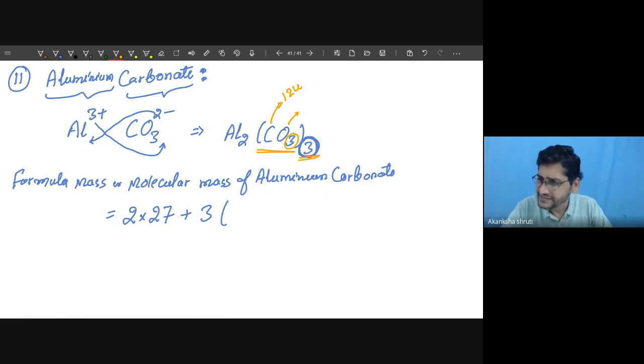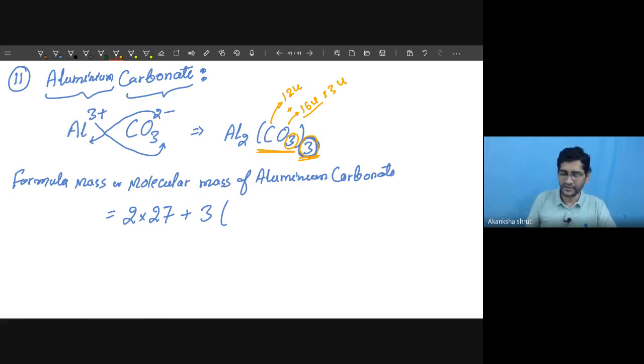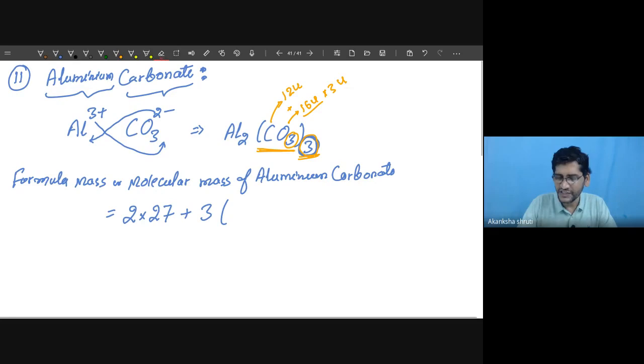The mass of oxygen is 16 U, and this needs to be present 3 times. So this 12 U and 16 U into 3 have to be added to get the mass of this entire bracket. Then that has to be multiplied with this suffix 3, because this entire radical is present 3 times.